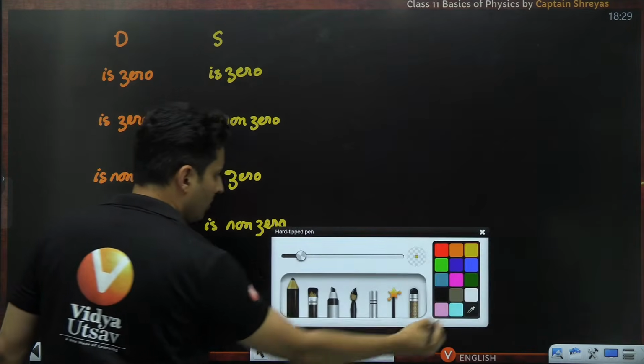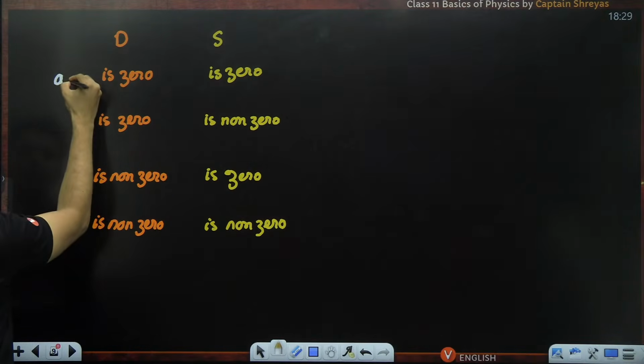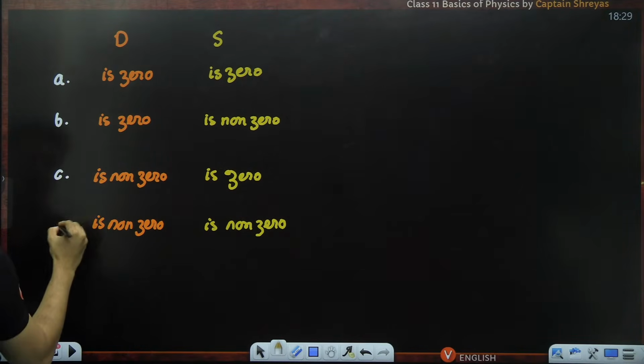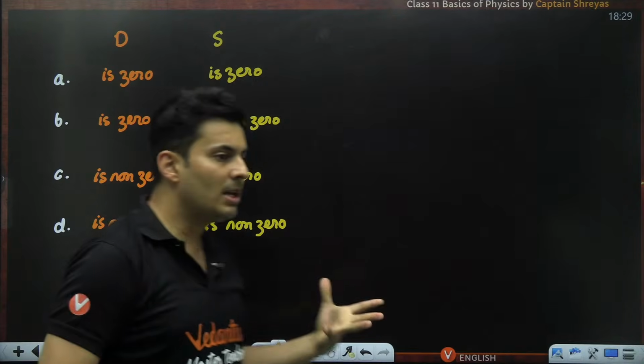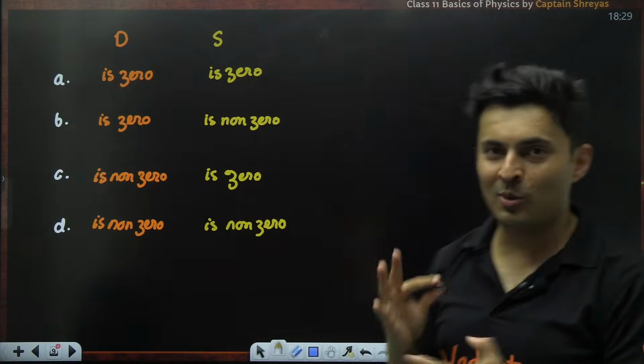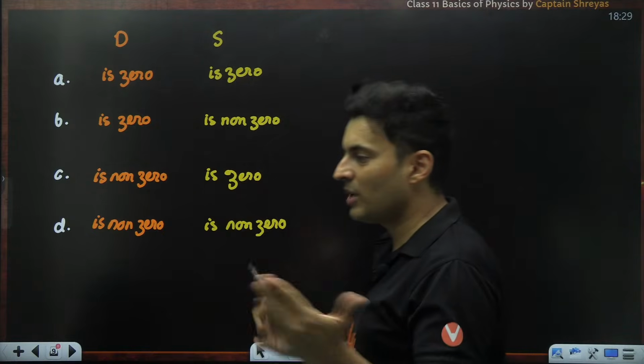So there are 4 options out here. This is option A, this is option B, this is option C, this is option D. With regards to distance and displacement, multiple options can be correct. This is like JEE Advanced, where more than one option may be correct.